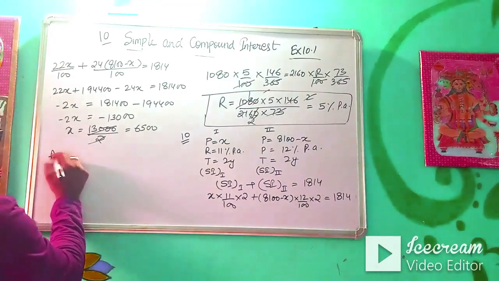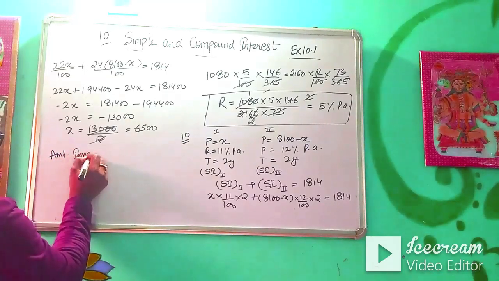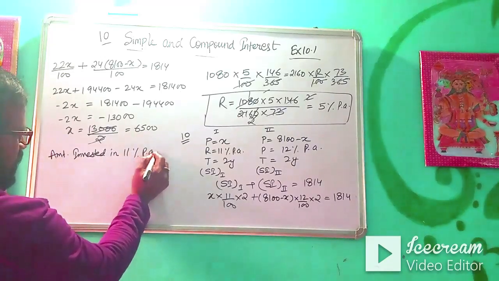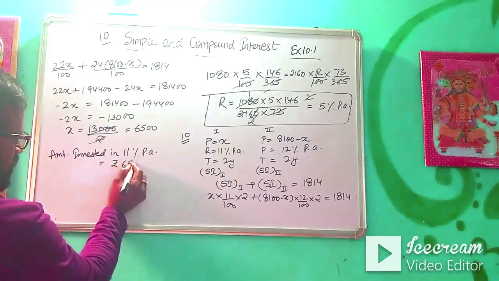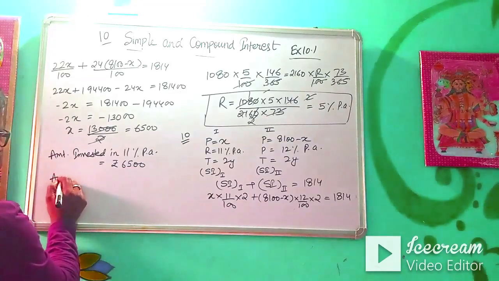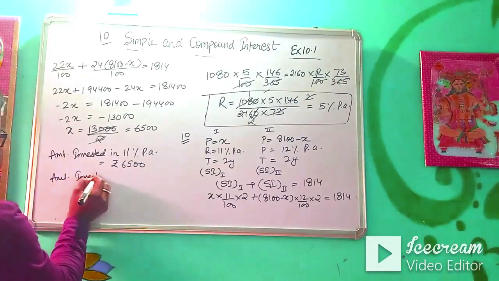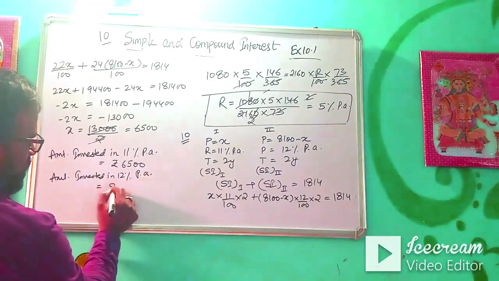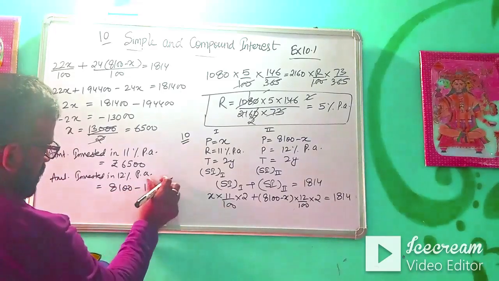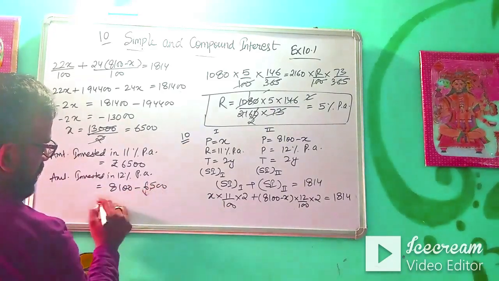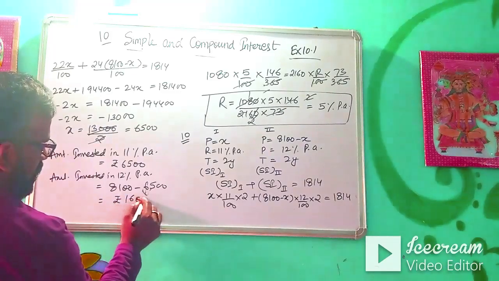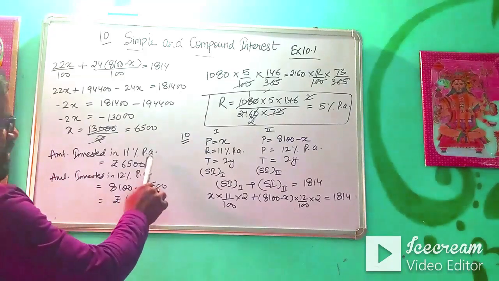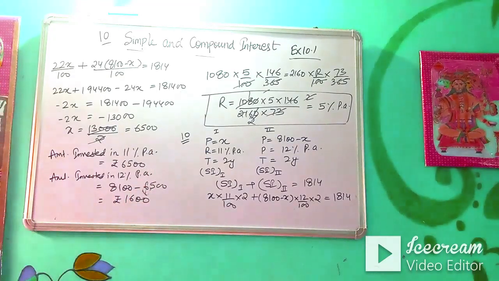So the amount invested in the 11% per annum scheme is rupees 6,500, and the amount invested in the 12% per annum scheme is 8,100 minus 6,500, that is rupees 1,600. Okay, so this is the amount that he has invested at the two different rates of interest.